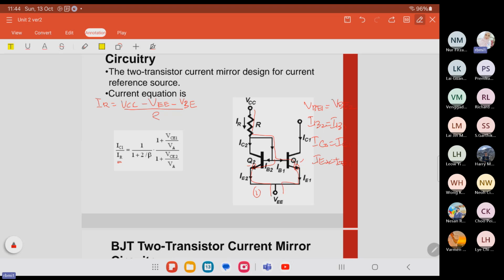Same thing, because these two resistors are the same. So minus VCC plus IR R plus VBE, can be either VBE1 or VBE2, same value. And for here, it is not ground, it is VEE. So we have value for this.